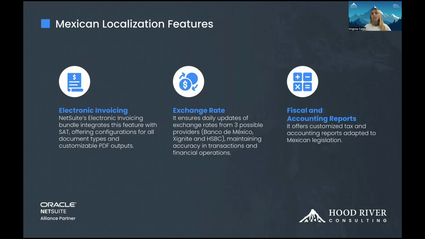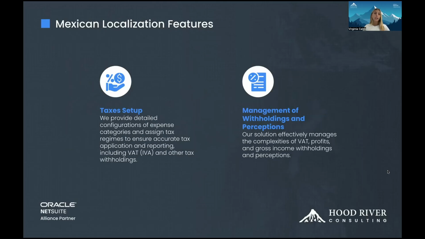Then we also have fiscal and accounting reports, which are customized tax and accounting reports adapted to the Mexican legislation. And then we have 2 features that go together. The first one is the taxes setup.